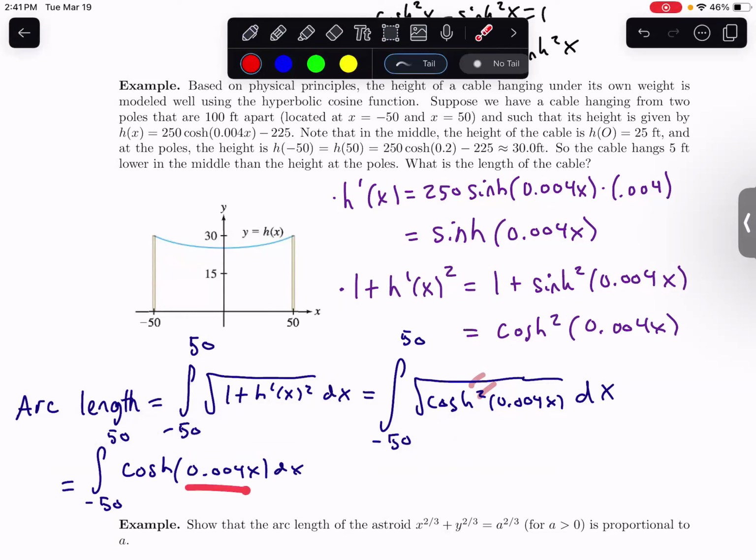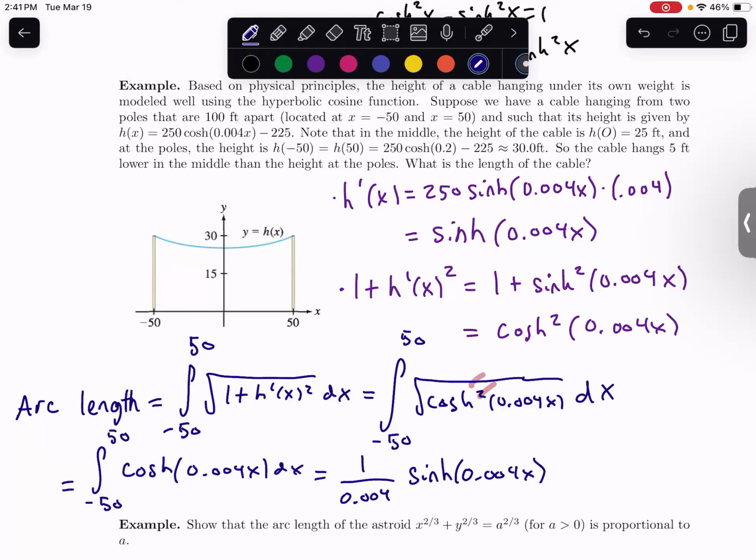You'll let u be equal to 0.004x. But maybe you can just see immediately that this is going to be 1 over 0.004 times hyperbolic sine of 0.004x. Right? If you took the derivative of this function, you would use the chain rule.